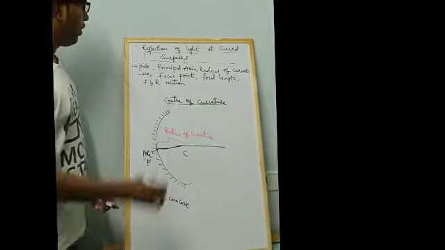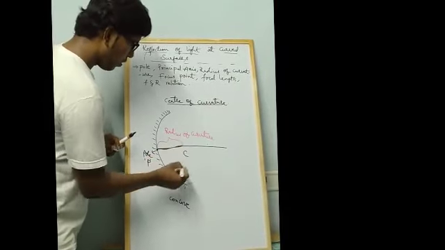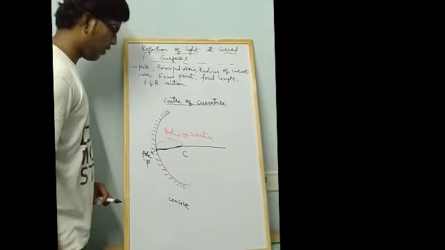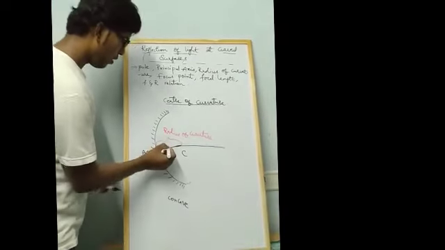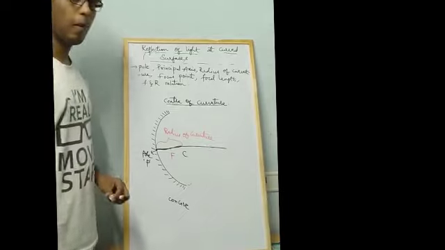Now let us see what the focus point is. If I locate the midpoint between the pole and the center of curvature, that midpoint is called the focus point.